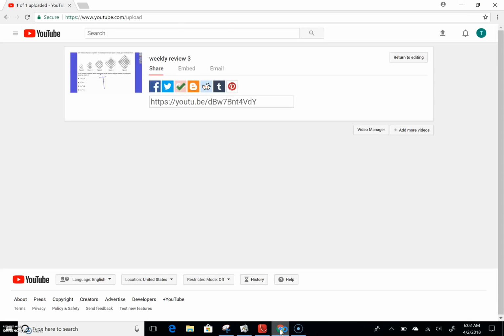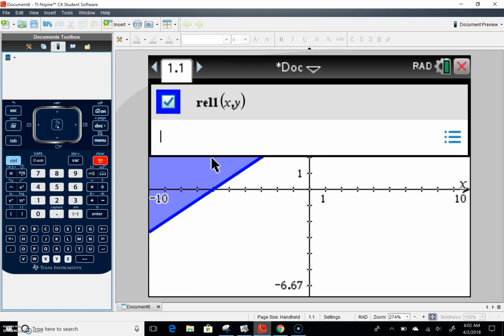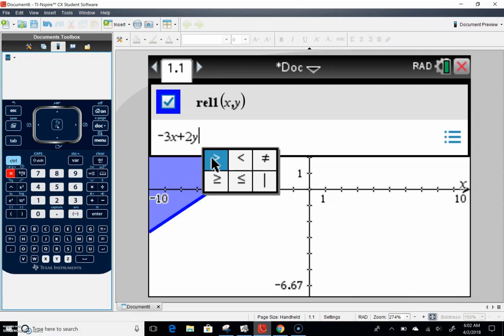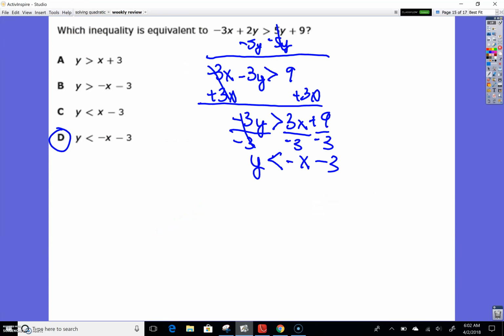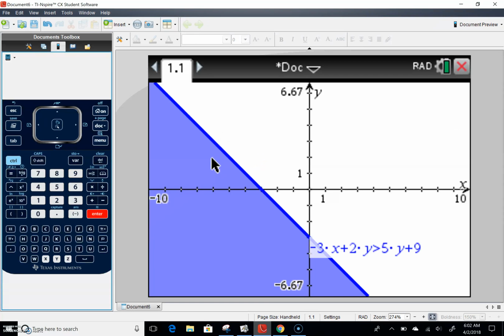Oops, I keep on pressing the wrong one. Negative 3x plus 2y, Control. I think it's greater than, right? It's greater than 5y plus 9. Enter.